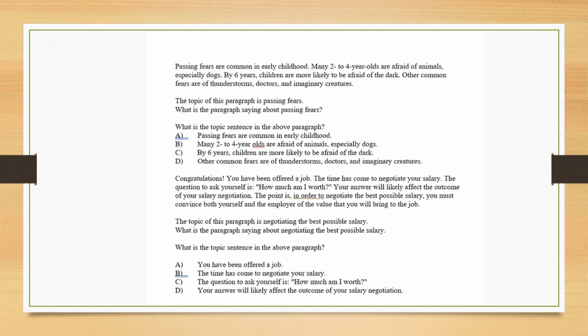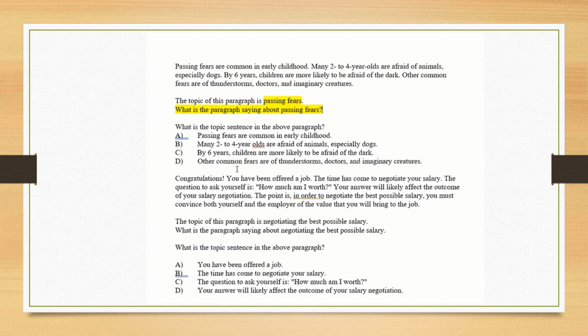So let's find the main idea. Remember, we read the paragraph about passing fears. We said the topic of the paragraph was passing fears. So, to find the main idea, you ask yourself, what is this paragraph saying about passing fears?